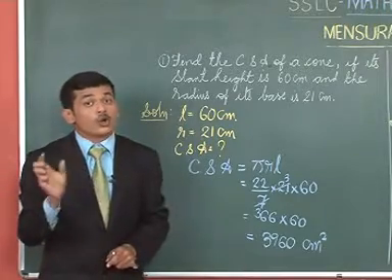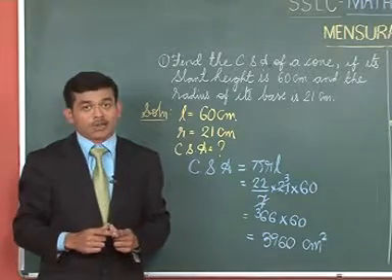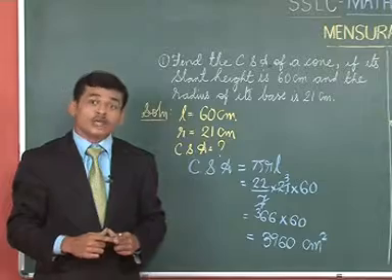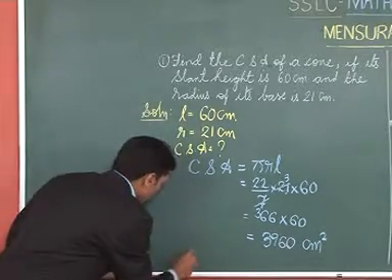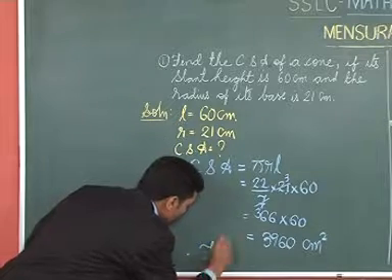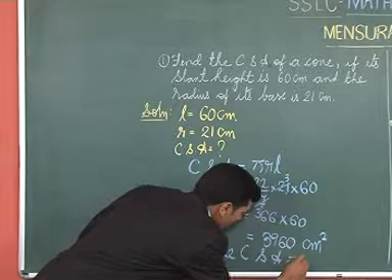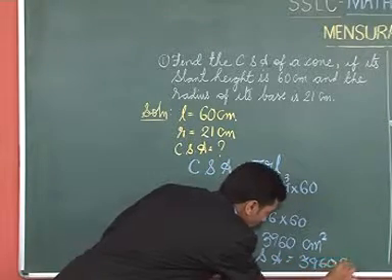The numerical followed by proper unit, only when you write, the answer is complete, and that will fetch you the full mark. And if it is required, you can write it in a sentence in the end. So, in the last you can write that the curved surface area of the cone is 3960 centimeter square.